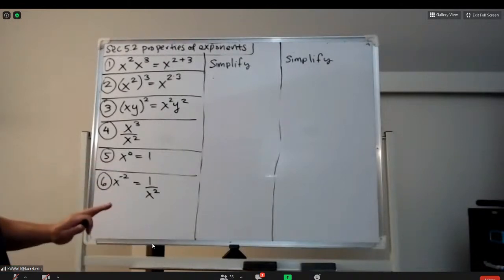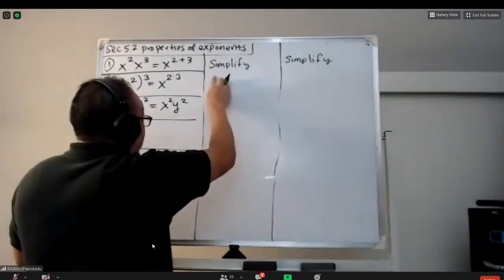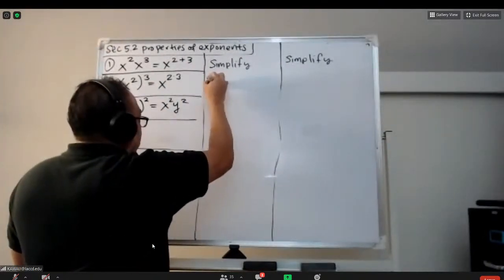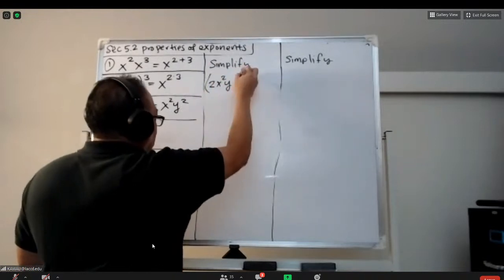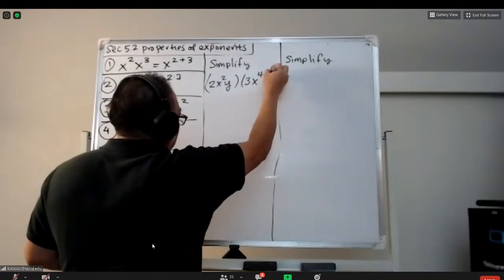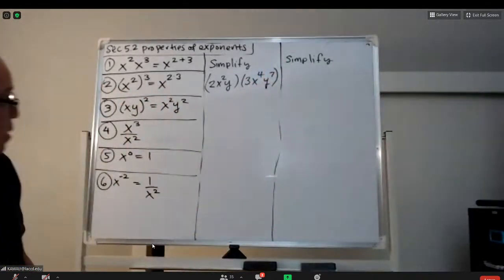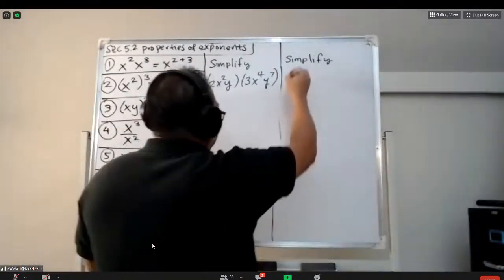Only for this class. So anytime we have a negative exponent, we have to make it positive. Let me give you a problem that you've done before, similar to this, except this time I'm going to give you some negative exponents.